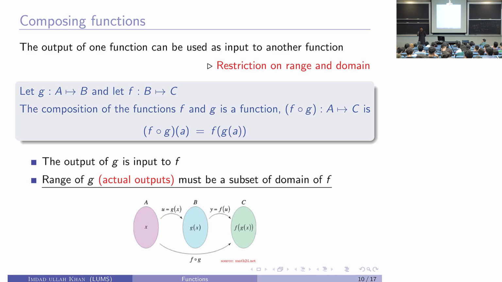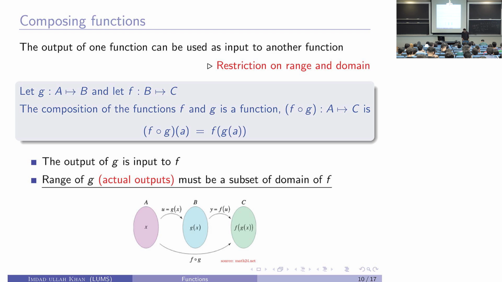Is it clear now? Is your question clear? Okay. So f composed with g is a function from A to C, and it's given like this. Its mapping rule is given like this. You first apply g to any element of A, you get some output, and on that output you apply f, right?